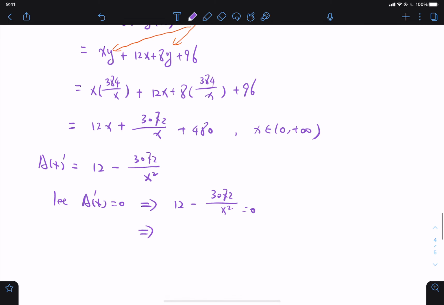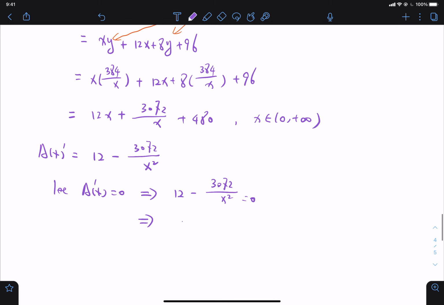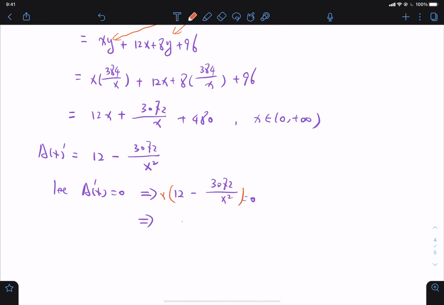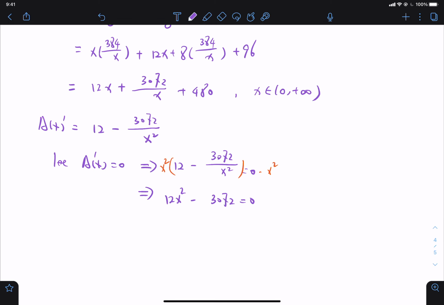Then we multiply both sides by x squared, so that we have 12x squared minus 3072 equal to 0. And now 12x squared is equal to 3072.